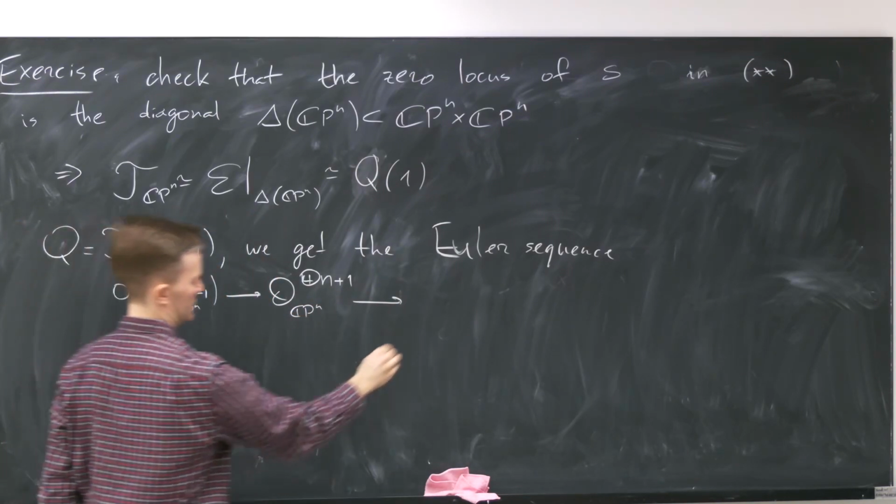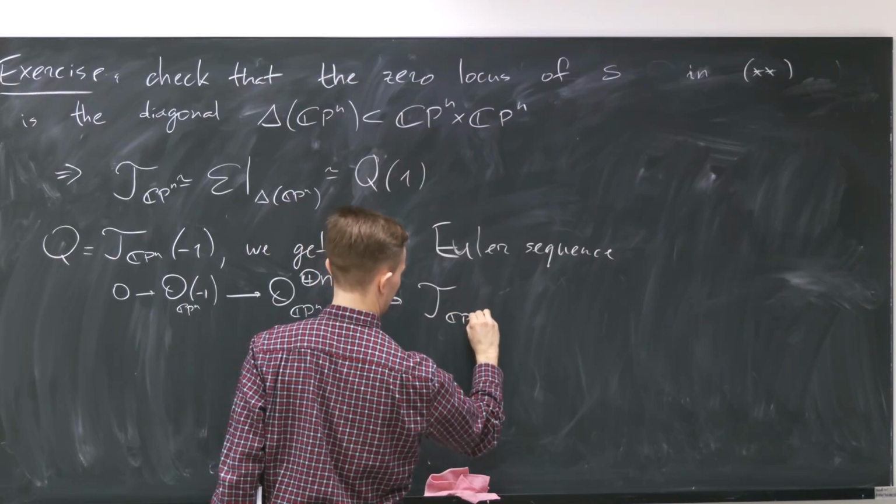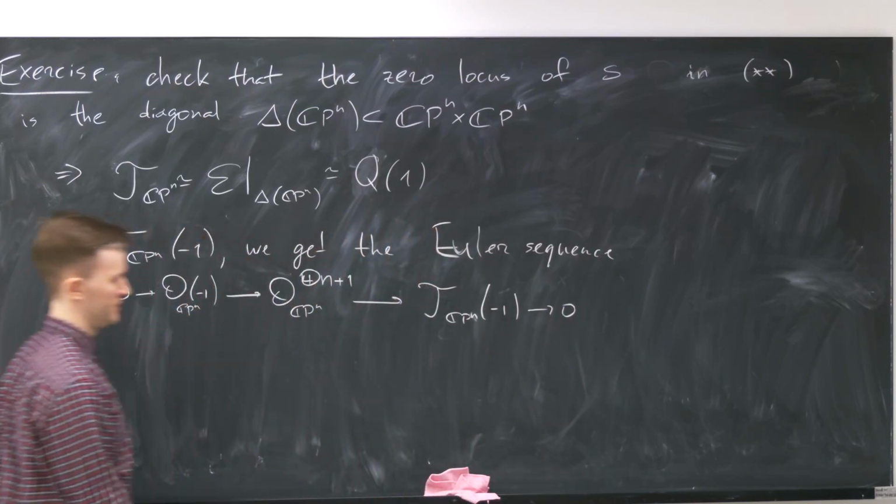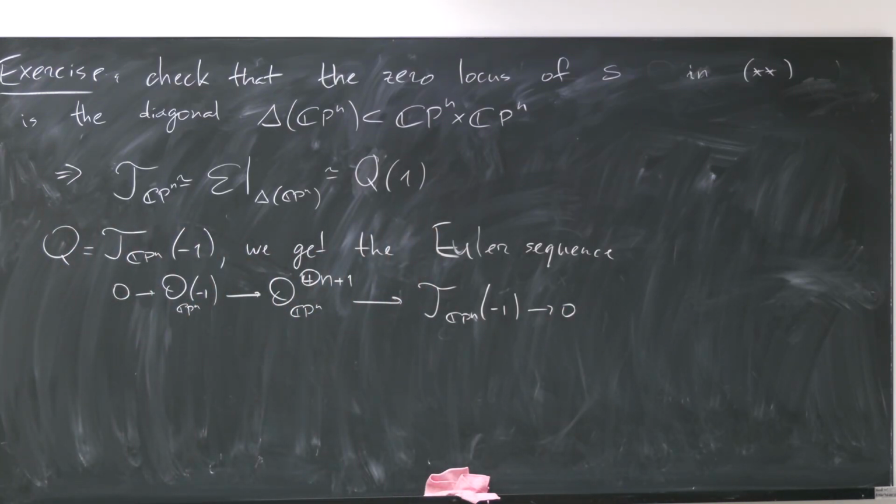Right, so this is T twisted by -1. So, more questions about this construction?